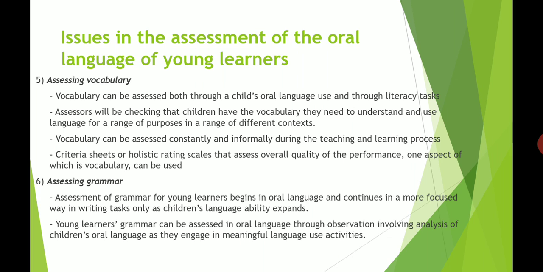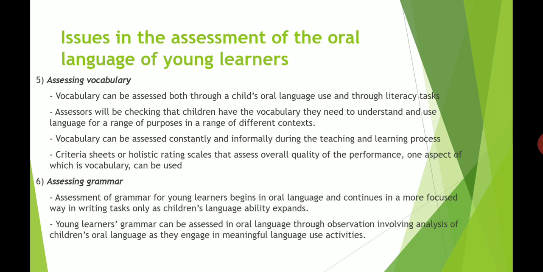Assessing grammar. Assessment of grammar for young learners begins in oral language and continues in a more focused way in writing tasks only as children's language ability expands. As we know, in written language grammar is more important than in spoken language. But here, assessment of grammar for young learners begins in oral language.